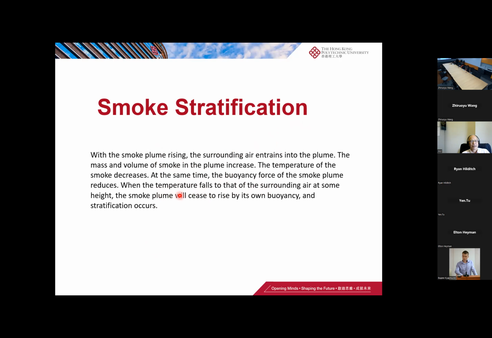So when the smoke rises to some level, the plume temperature will reduce close to the environmental temperature. Then the smoke plume possibly will not rise anymore. It will possibly stop there, and then stratification could occur.